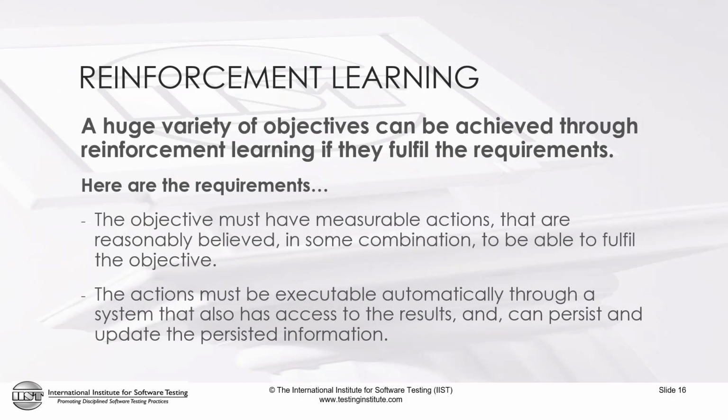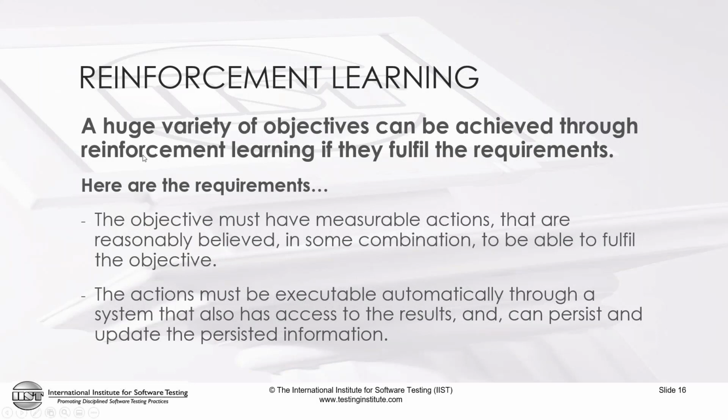Now, for a web application, it would be different. It would be entering text, getting text from labels, waiting for components to appear. Things of that nature are the actions that we believe in some combination will fulfill our objective, as well as having the right test data.